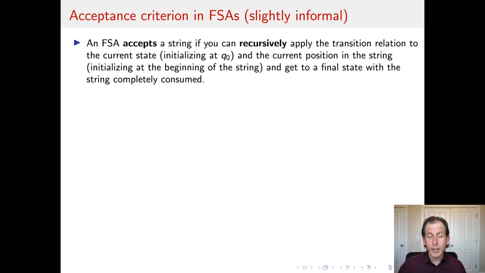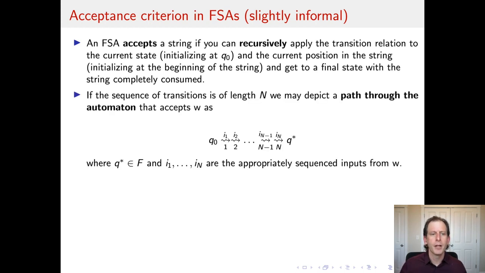With an FSA, we can now talk about an acceptance criterion, and this is slightly informal, but it's still faithful to the formal definition. An FSA accepts a string if and only if you can recursively apply the transition relation to the current state, where we initialize at state Q0, the start state, and the current position in the string, which is initialized to the beginning of the string, and you can get to a final state with the string being completely consumed.